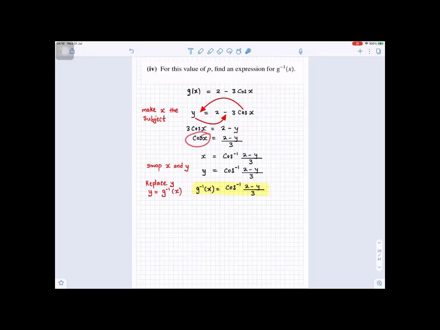So cos x is equal to, you take times 3 to the right, it becomes divided by 3. So x is equal to inverse cosine of 2 minus y over 3. And now you can swap x and y. So y is equal to inverse cosine of 2 minus x over 3. And you can replace y with g inverse of x. So g inverse of x is inverse cosine of 2 minus x over 3.